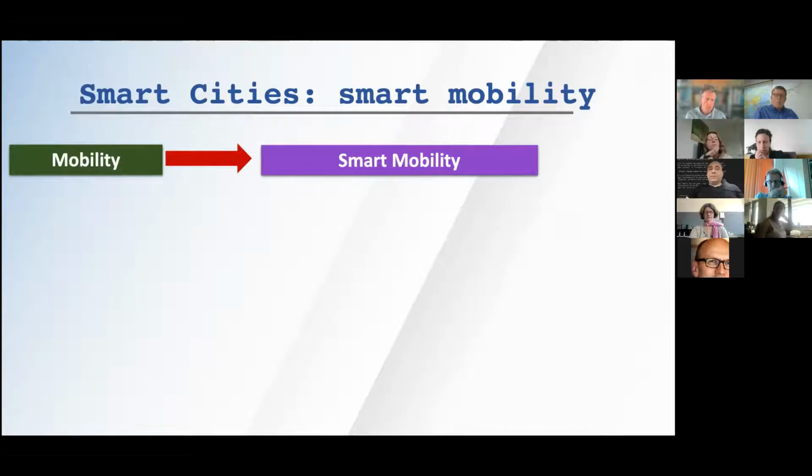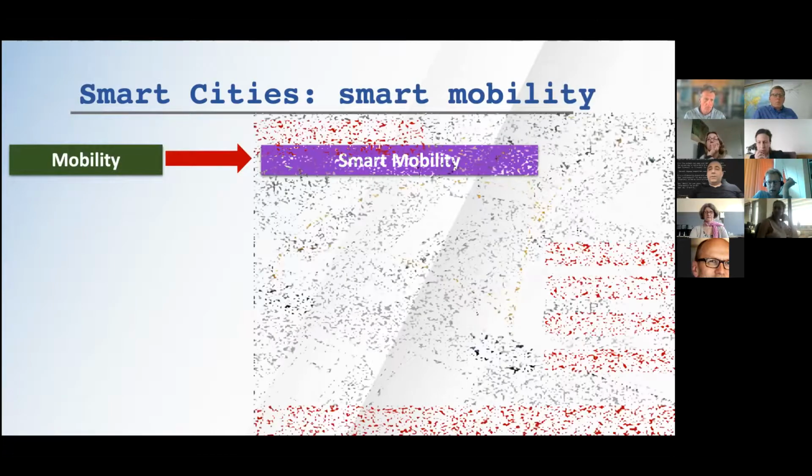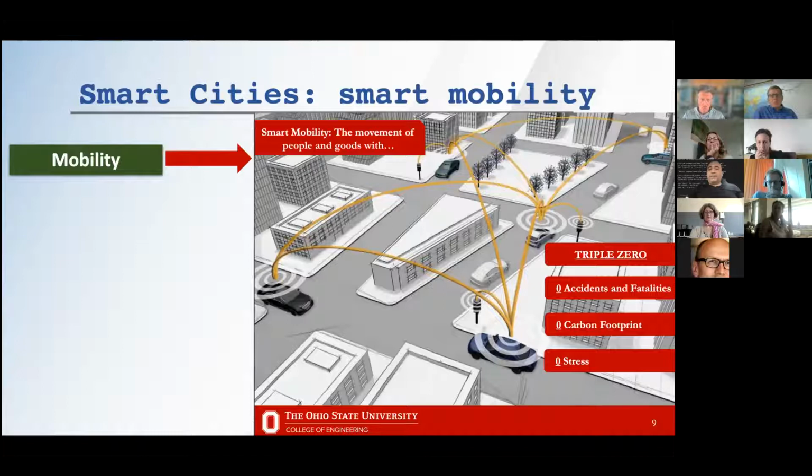Mobility in cities becomes smart mobility when we couple sensor technology with positioning technologies and some measurements that we have for mobility.